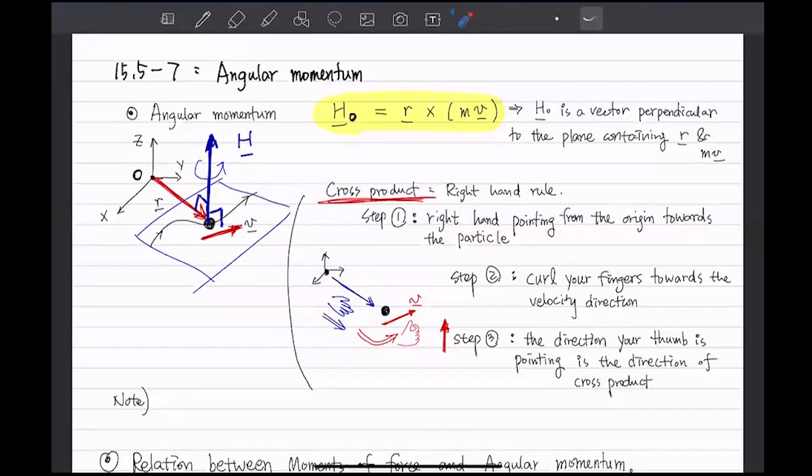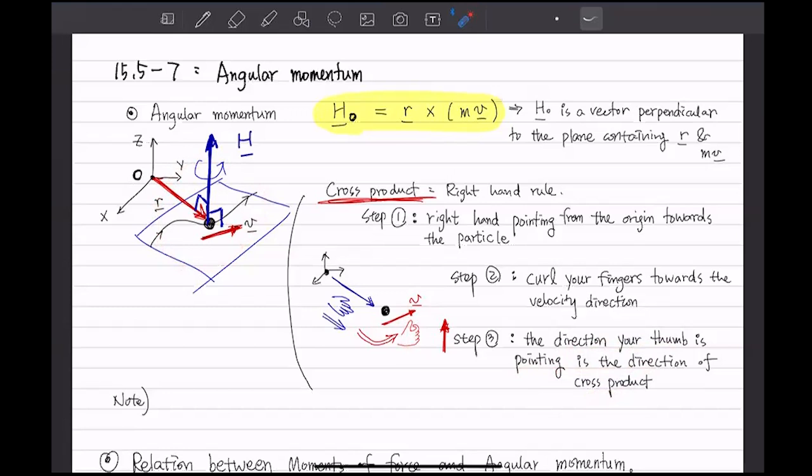Okay, and then step number two is you curl your fingers towards the velocity vector. Then the direction your thumb is pointing, up in this case, is going to be the direction of your cross product.